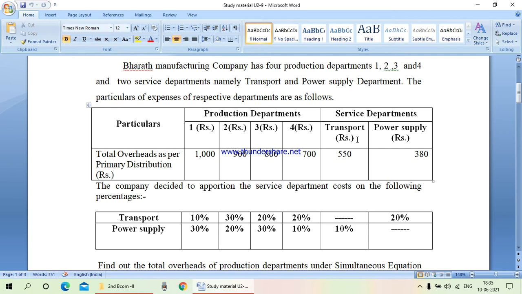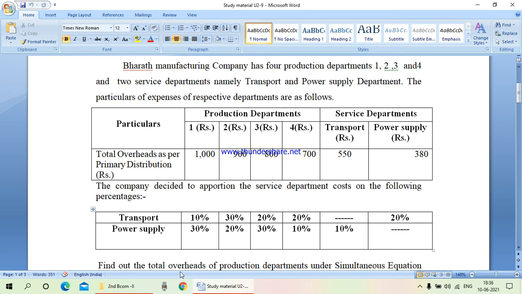Transport department gives 10% of its total service to department 1, 30% to department 2, 20% to production department 3, 20% to production department 4, transport to transport nil, and transport to power supply 20%.